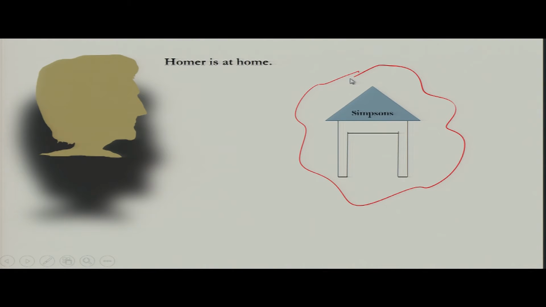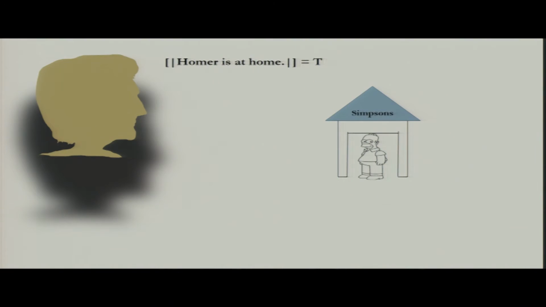But even then, we don't know whether the sentence is true. When somebody says Homer is at home, we can first pick out Homer, then home. But even then, we don't know whether the sentence is true or not. The reality must look like this in order for the sentence to be true.